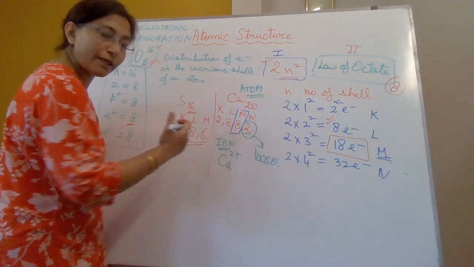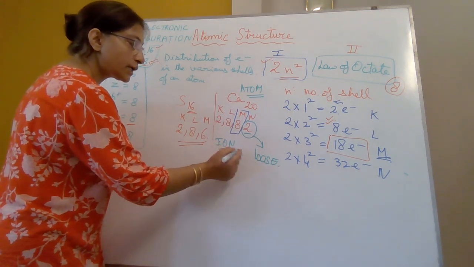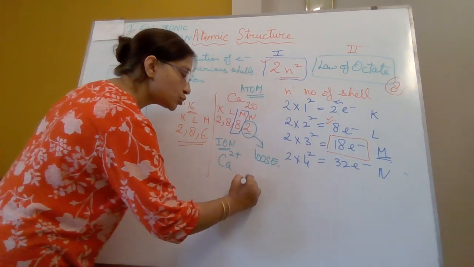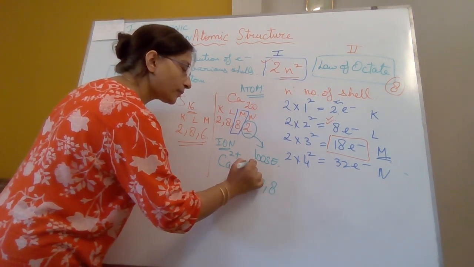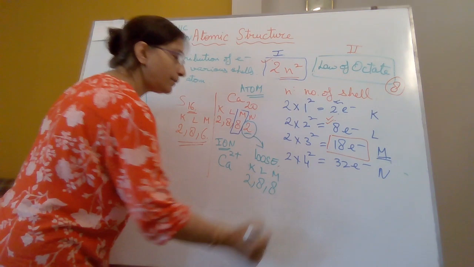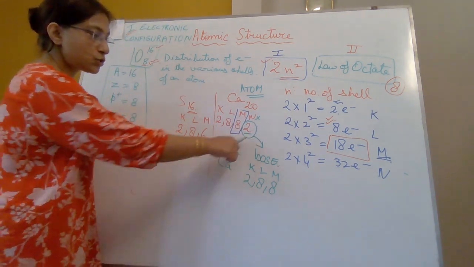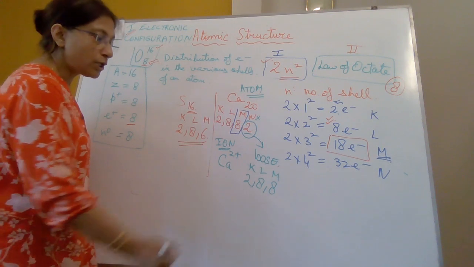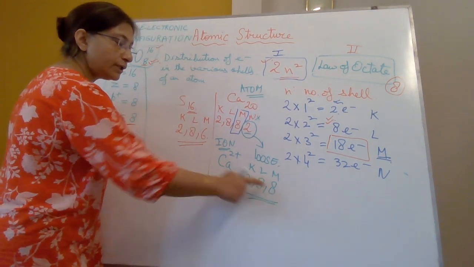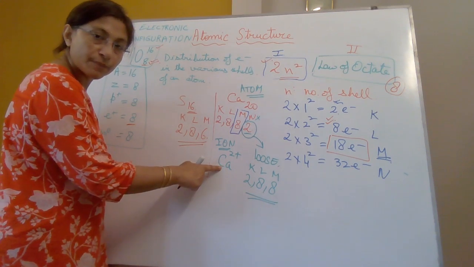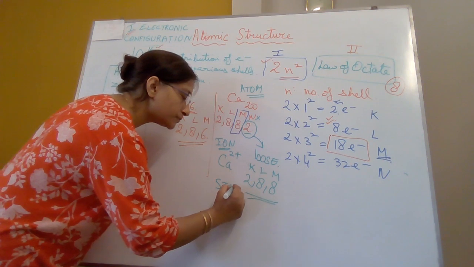And since the 2 electrons have been lost, the configuration of this calcium ion will be 2, 8, 8, K, L, M. The N shell will be finished since 2 electrons are lost. So here you can see, since the octet has been completed, the atom has become an ion and has become stable.